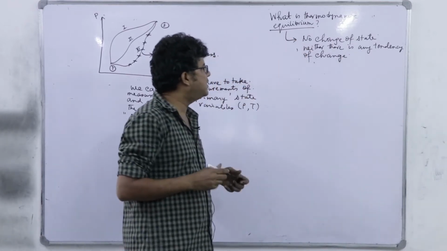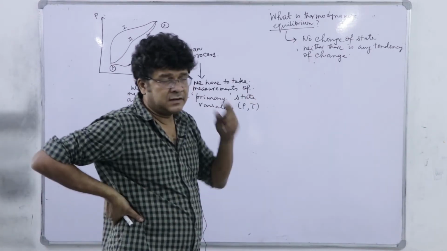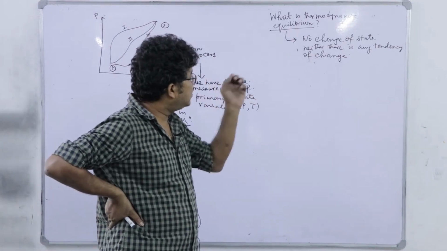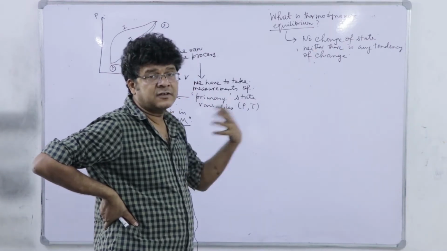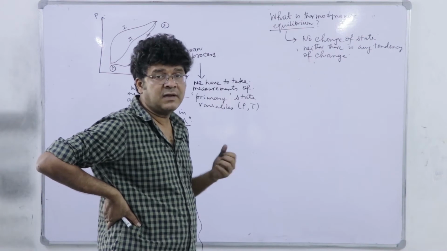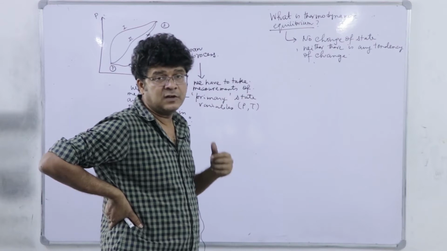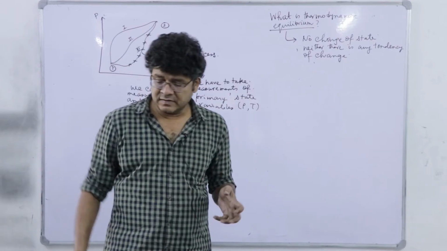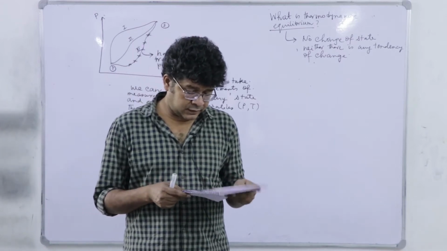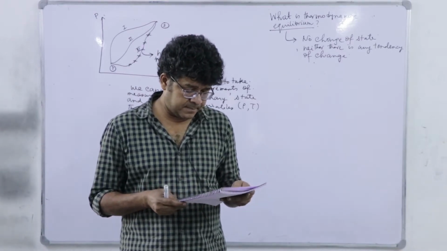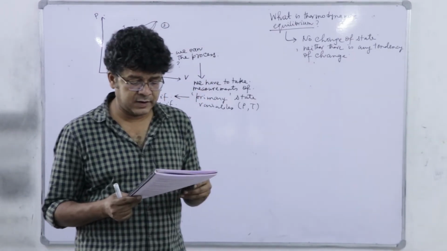So, it is not only that there is no change, that the system is in a static condition, right, but neither is there any driving force which is actually leading the change. The driving force will also be 0. All driving forces must vanish. That means there will be no tendency for the system to change its state. Okay? So, the system is in equilibrium, and under this condition we can take the measurement.